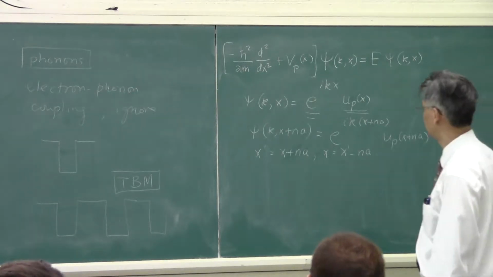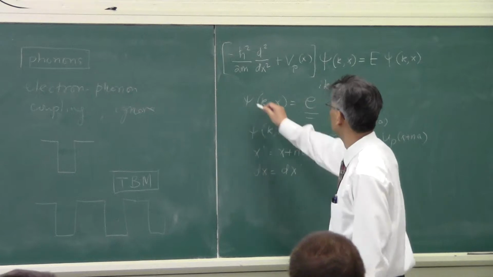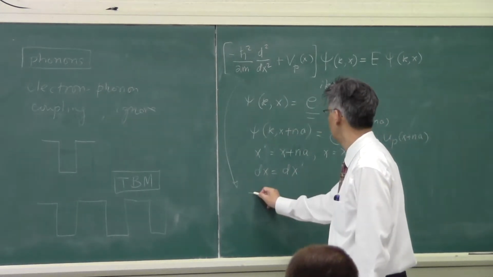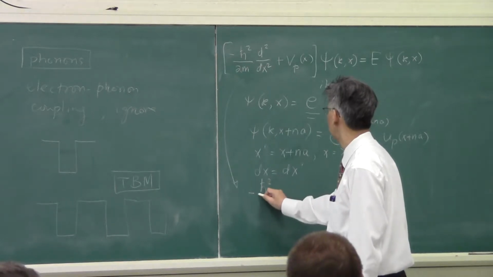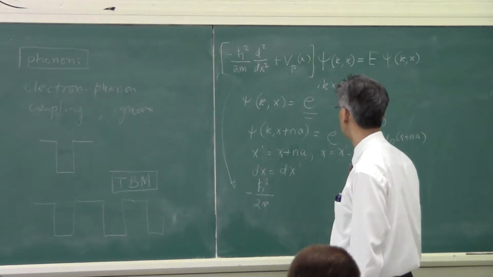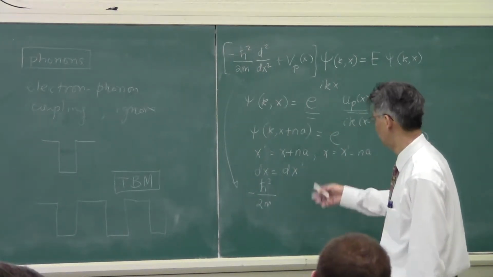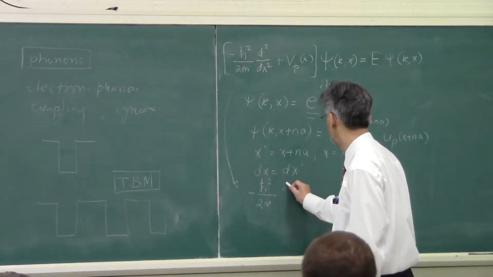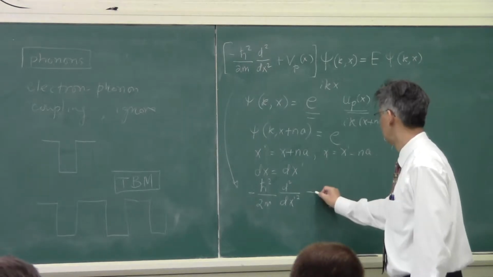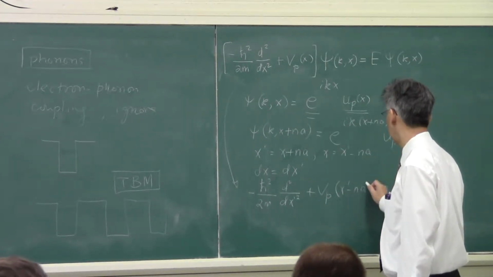Then you can see that the x is actually the x prime, and if I do a change of coordinate system of this equation, then I will have h squared over 2m, the second derivative in x prime, plus V_p(x prime minus na).